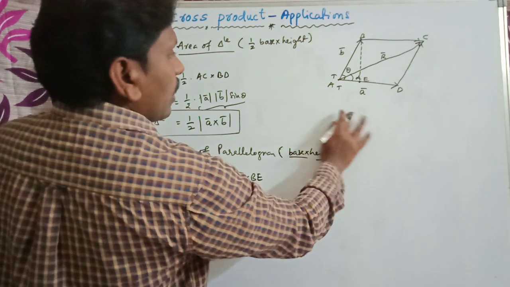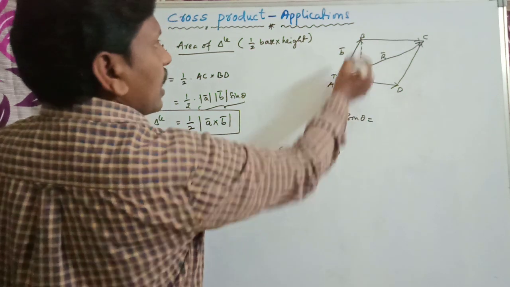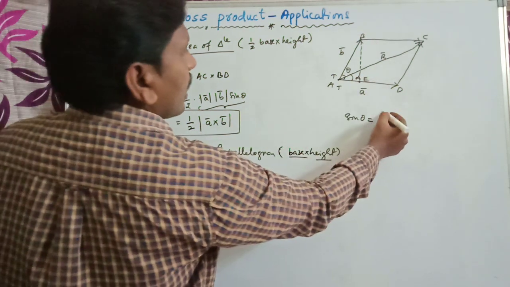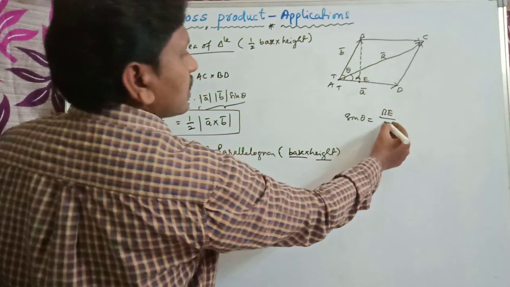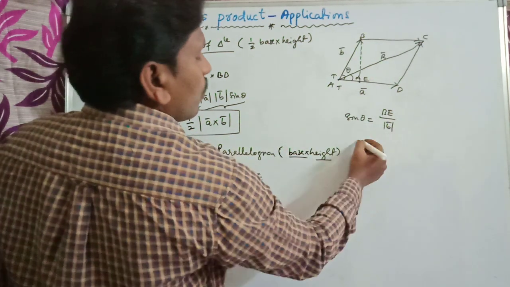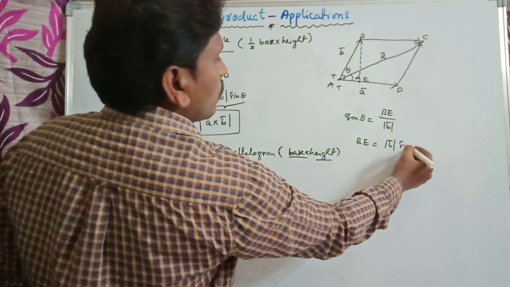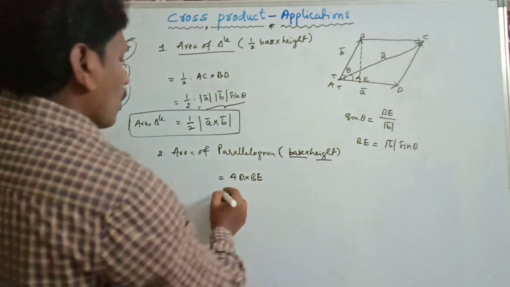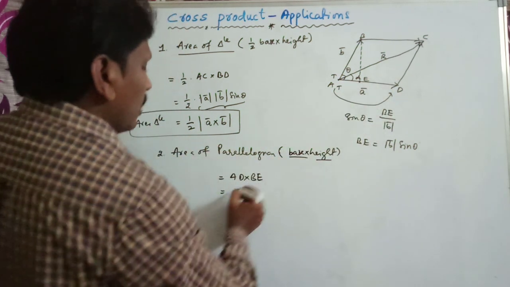Okay, here if you apply sin theta in this triangle ABE, then we can write BE by mod B bar, this is opposite side by hypotenuse. Okay, BE is equal to what? Mod B bar into sin theta. Okay, AD is nothing but mod A bar.